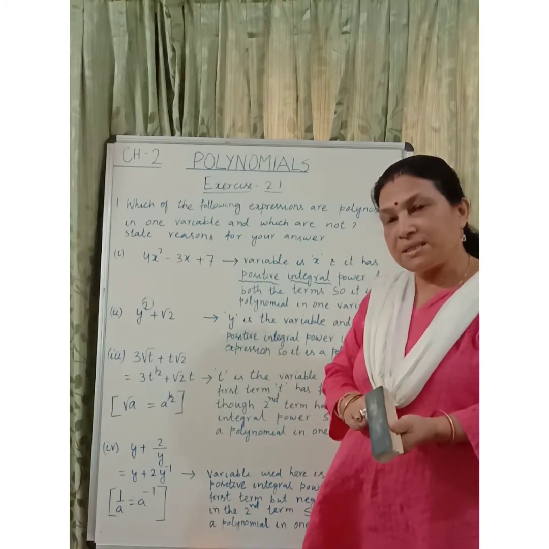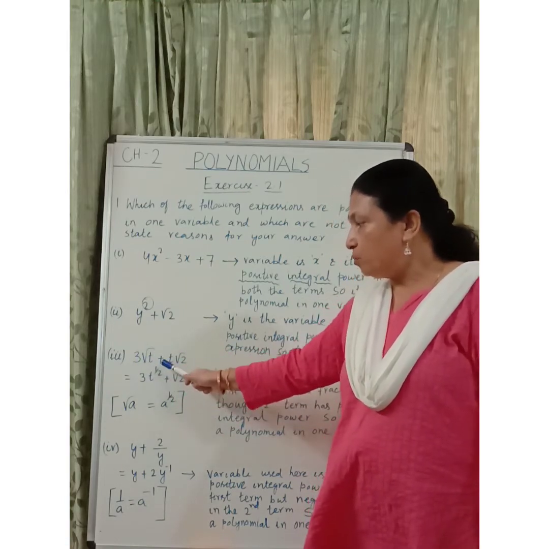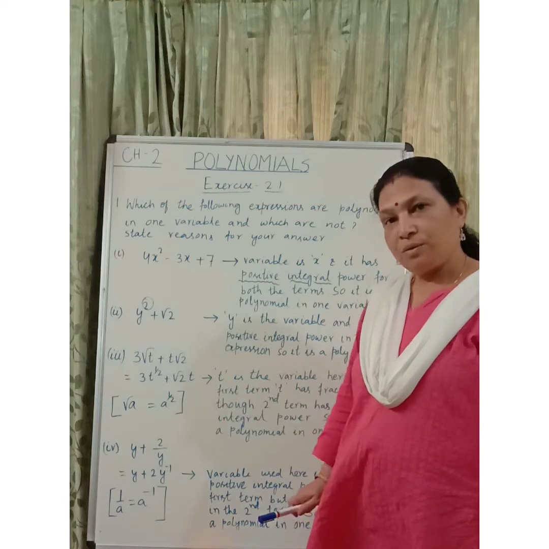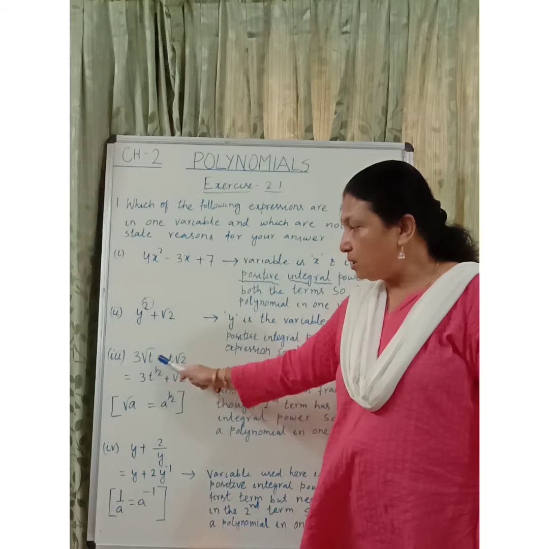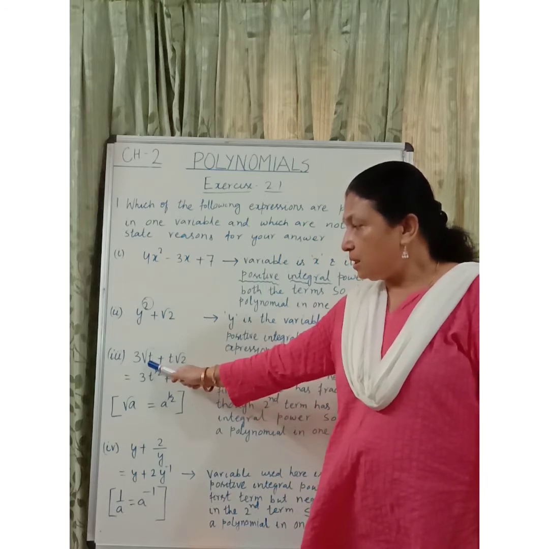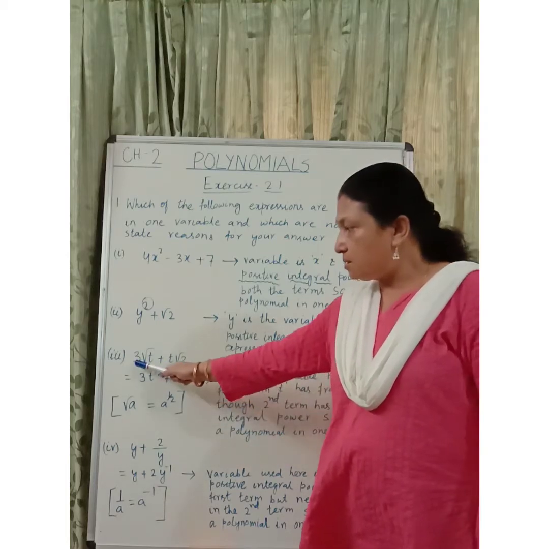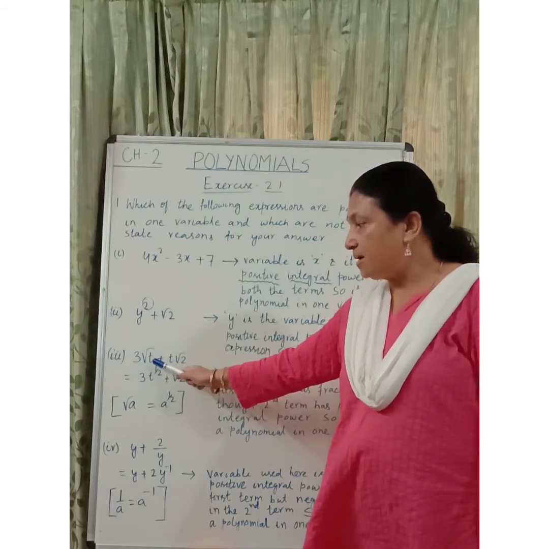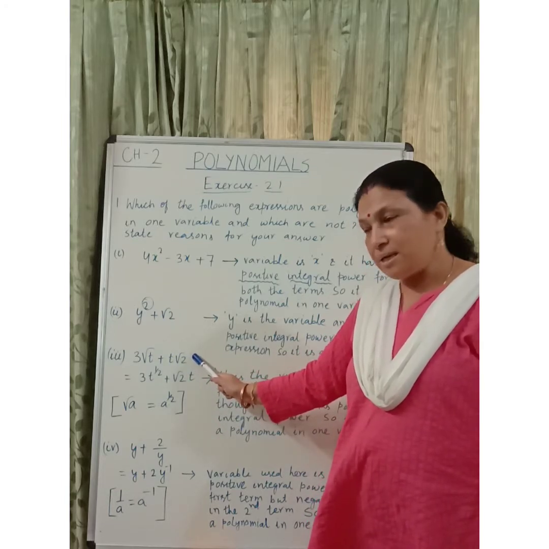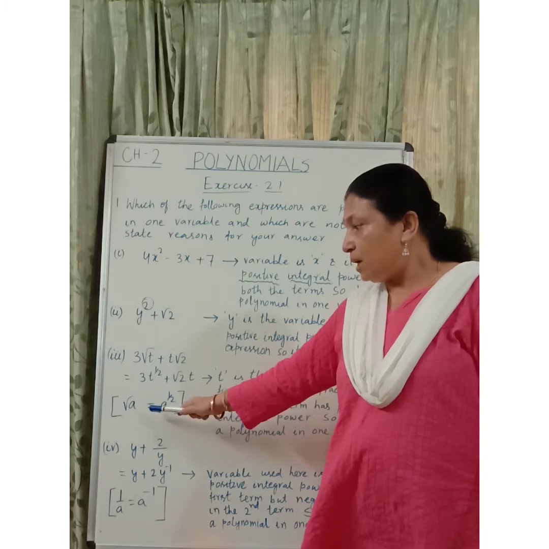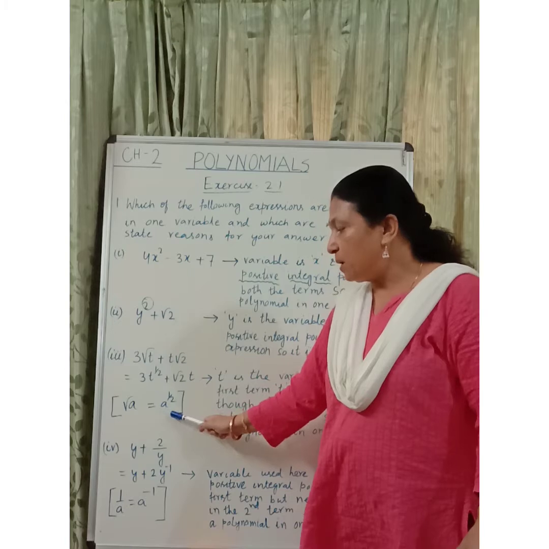Now coming to this next question, this is 3 root t plus t root 2. You can see it is root 2. The variable here in both the terms used is t. Here is t, here also t. This is 3 root t. How can we write root t? In the last chapter, we know that the laws of exponent, root a is a to the power half.